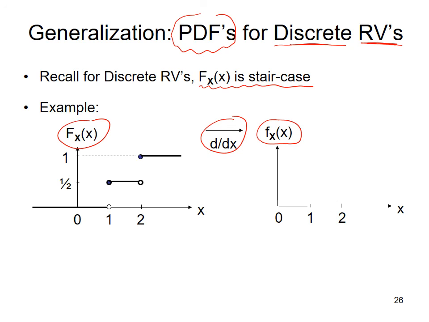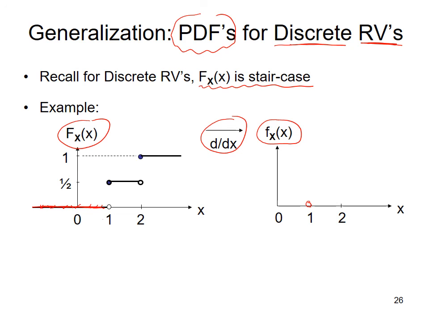So I would like to differentiate this capital F function, and notice that capital F is constant between 0 and 1, not including the 1. So to the left of 1, I'll put a little open circle here; I have a constant capital F over here. When I take the derivative of that constant, I get 0.